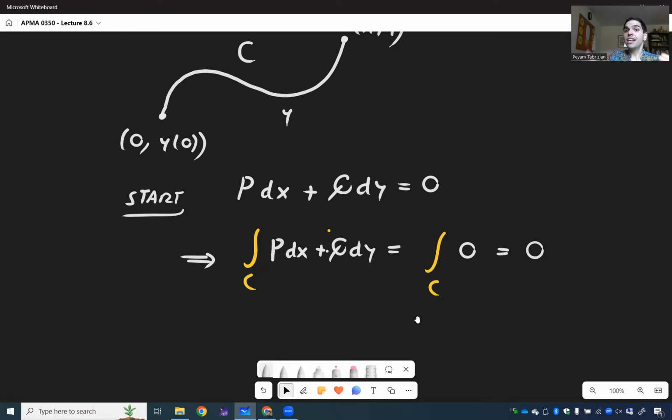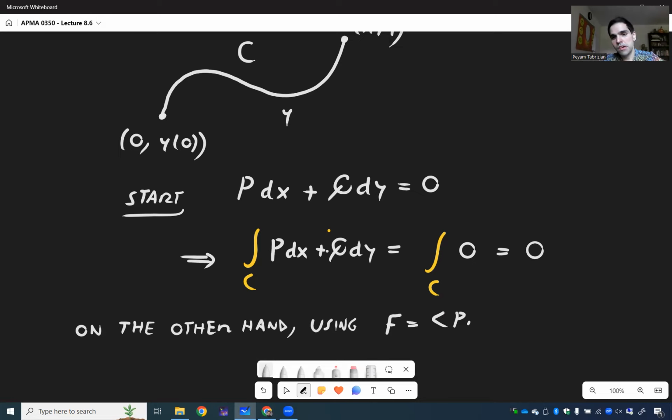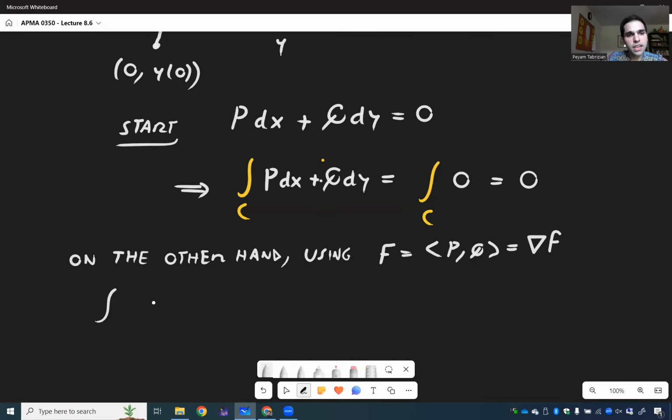On the other hand, let's use the fact that f is an antiderivative of little f. So on the other hand, using that F is (P, Q), which is the gradient of little f, what we get is the line integral of P dx plus Q dy.